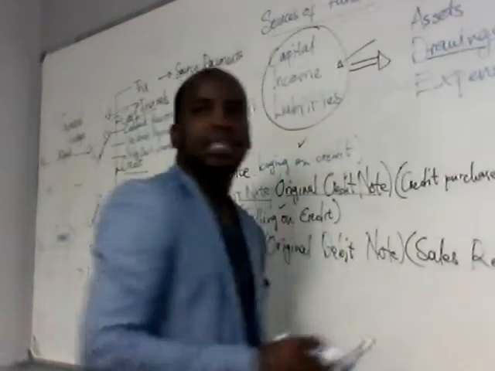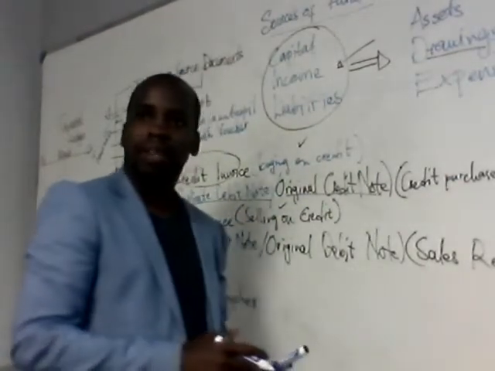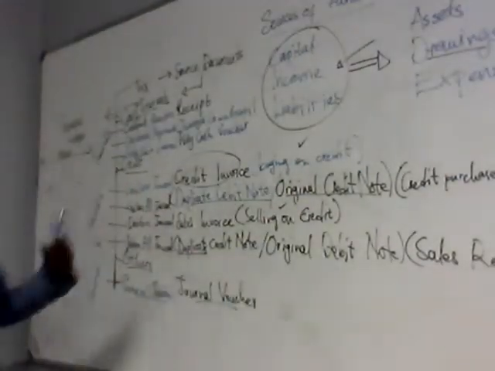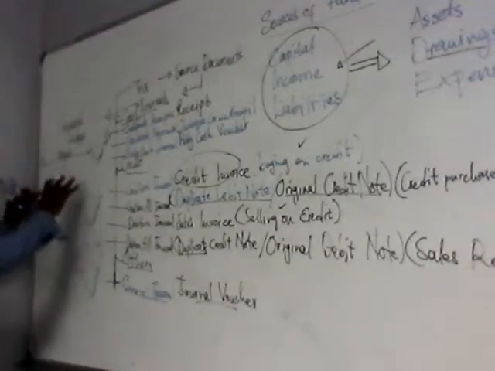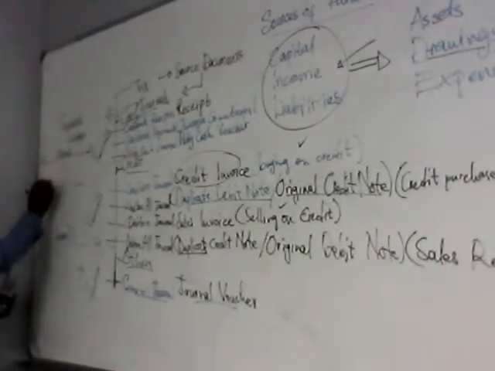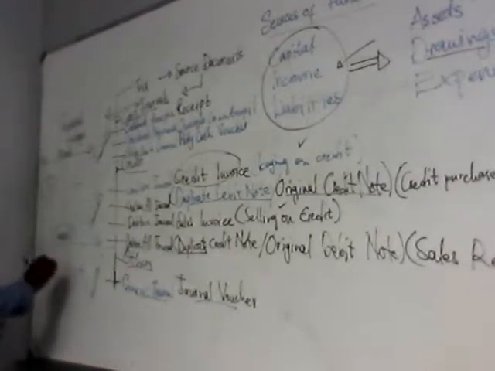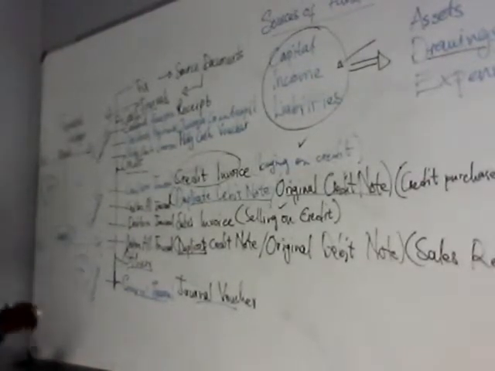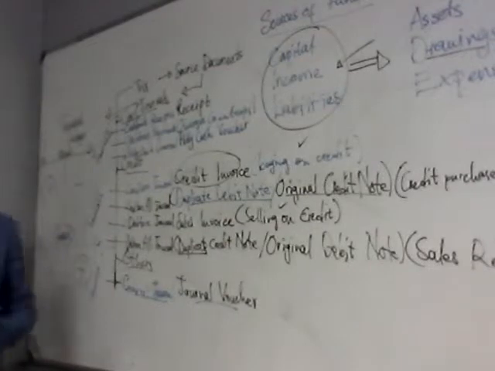We've got assets. These are application of funds. So how do we then end up saying that some of them are increasing on the debit side and some of them are increasing on the credit side? How did we make that leap?